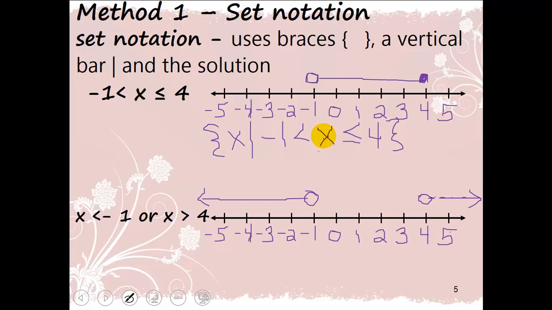Our solution, our line, is between our endpoints. And then finally, this one. Hopefully you're noticing you just take your solution and add some elements to it. All x's such that x is less than -1 or x is greater than 4. That's set notation.